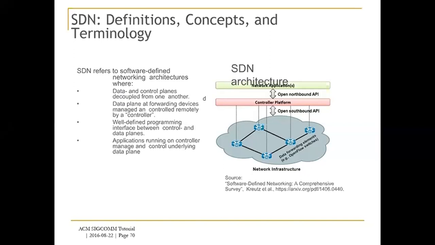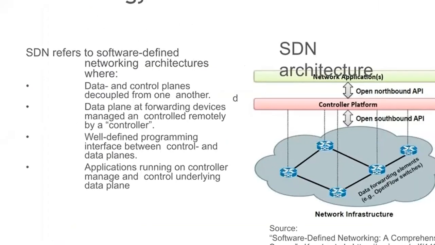So let's look at the basic definitions over here. Software defined networking architecture: data and control plane are decoupled from each other. Control is the brain part and data is the forwarding or the action part of the network, which is responsible for forwarding. Data plane is the forwarding device managed and controlled remotely by a controller.